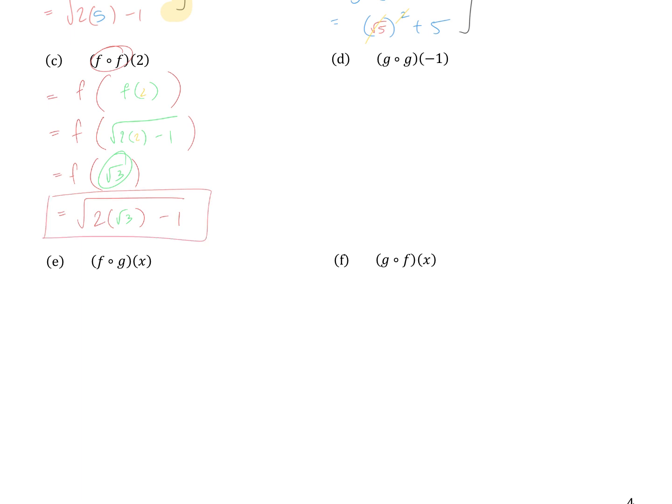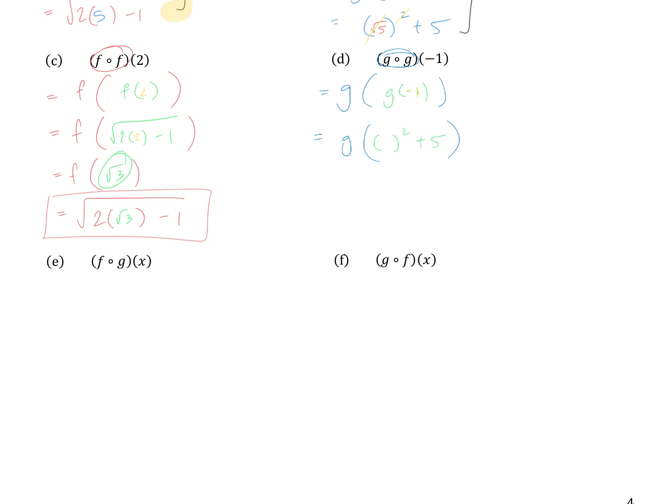All right. Now, we're going to take a look at g of g of negative 1. Whew, too many mistakes there. g of g of negative 1. And again, I'll let the inner g be green. So the g function, again, was x squared plus 5. So that's going to be my x value squared plus 5.